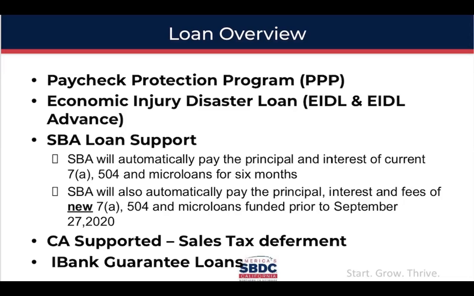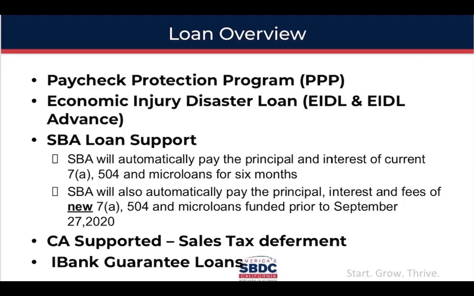And they also have micro loans. So anything funded, so the words funded, not just applied, right? It's funded prior to September 27th, 2020, they will pay the fee, which is great. They are going to waive the fee, waive the principal, and waive the interest. So for 6 months. Okay, so that's also a very good deal because there's no fee.